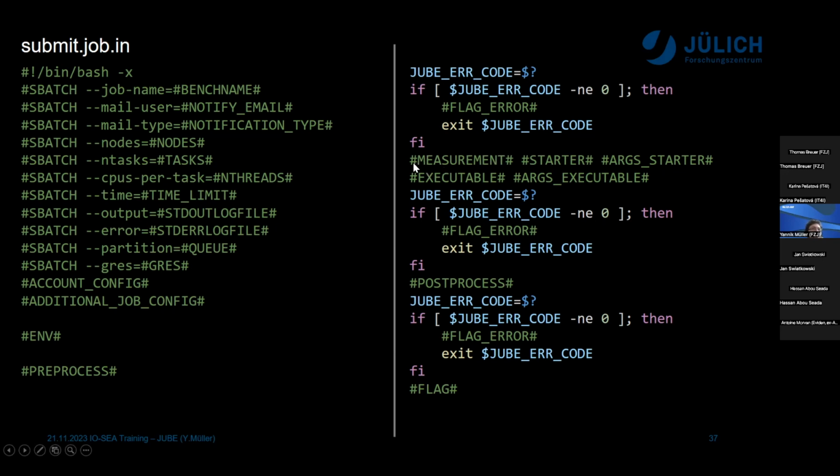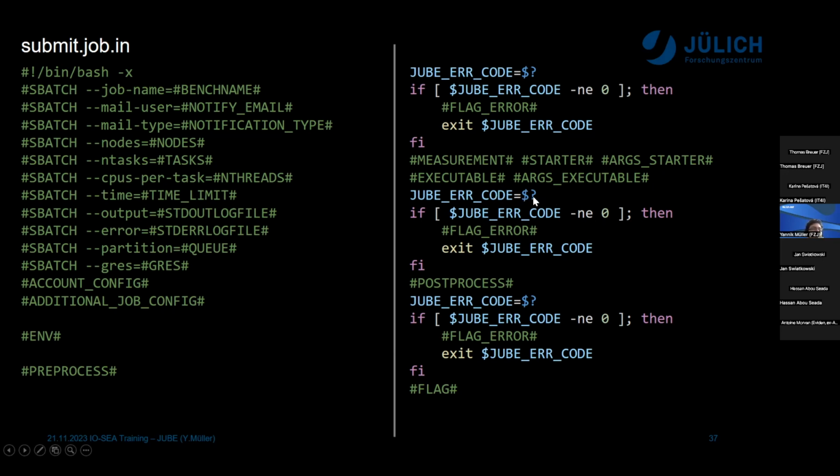And then the central statement, we have a placeholder for measurement, so something like Score-P, for example. The starter is predefined to srun here for a Slurm system. And the arguments for the starter, so srun arguments, the executable name, and arguments for the executable.